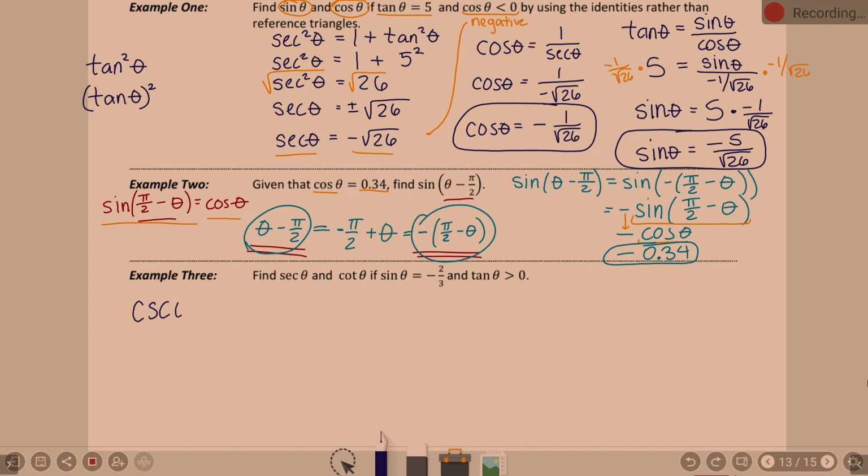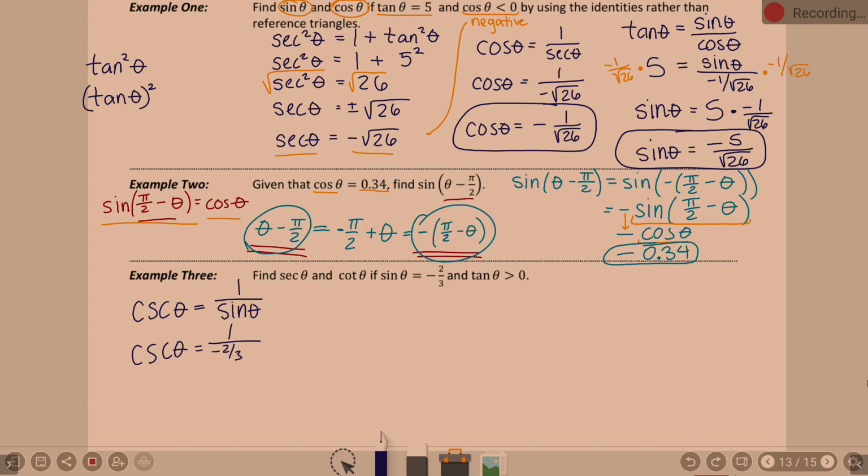So I'm going to write that cosecant theta is 1 over sine theta. And again, I don't care if you don't write the reciprocal identities out like this. It's a little overkill once you understand. So cosecant theta is 1 divided by what was sine theta?